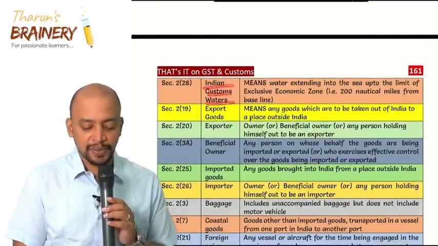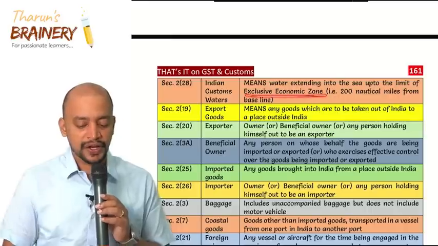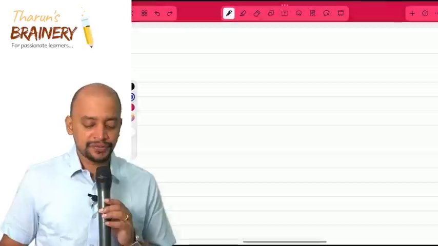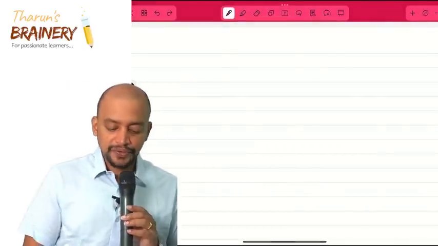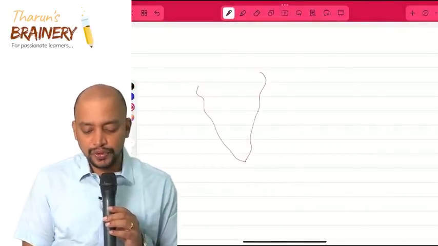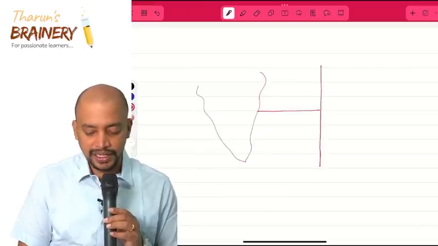You can see in the next page, means waters extending into the sea up to the limit of exclusive economic zone, that is 200 nautical miles. So what is the purpose of that? When you take this as India, and up to 12 nautical miles is known as territorial waters, correct?